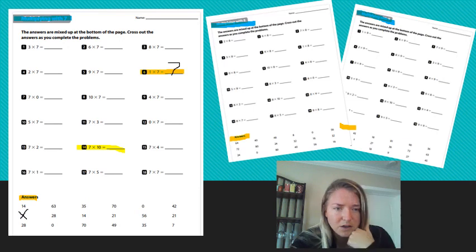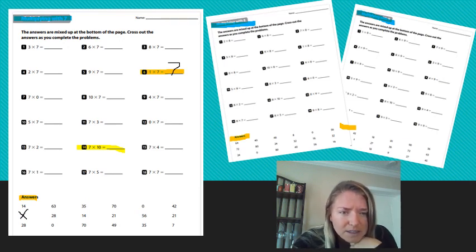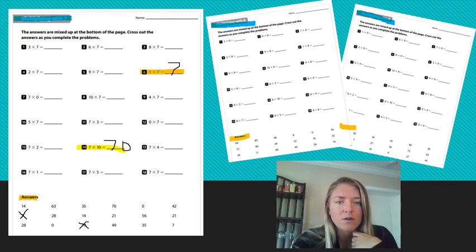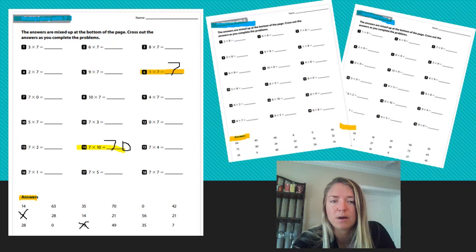So I'm going to look over here and I'm going to try to find 70. Oh, I see it right here, so I'm going to cross it out and I'll write 70 as my answer here. Remember, you can use all different strategies to solve these problems, but you'll be looking for your answer at the bottom. And the same will go for the next page when you're working with 8s and the next page when you're working with 9s.